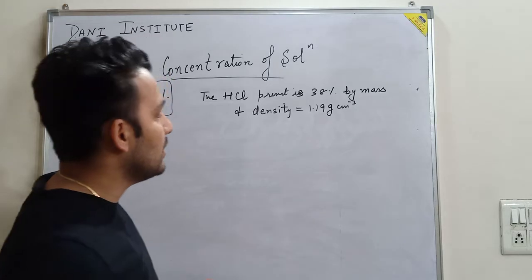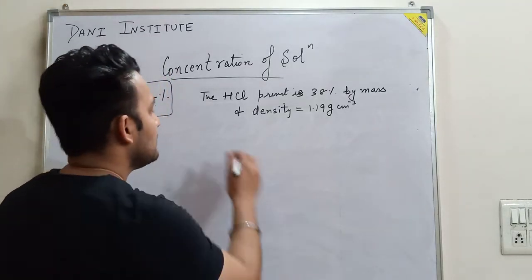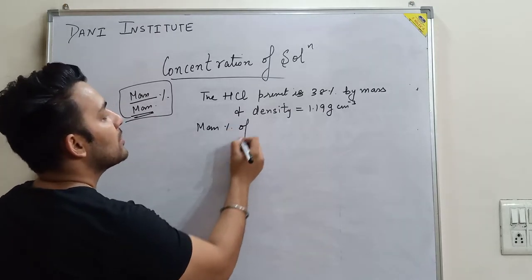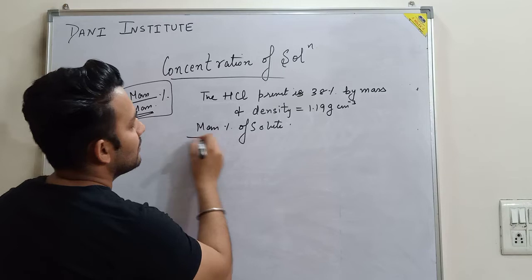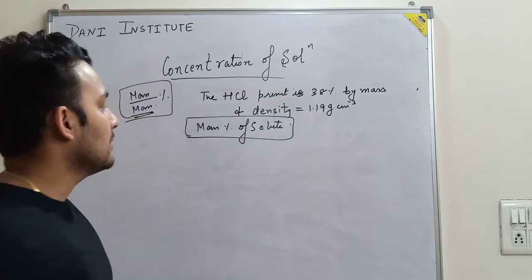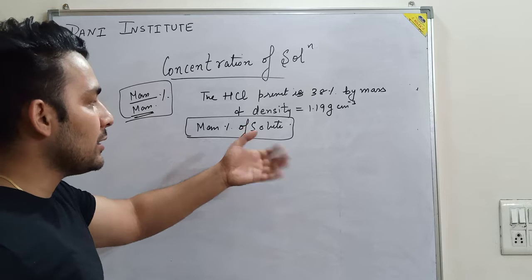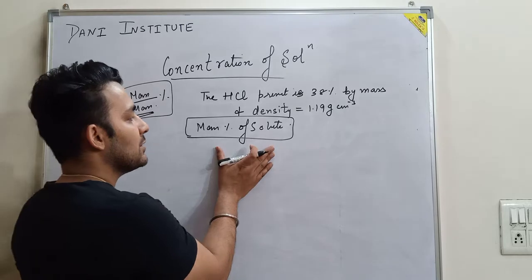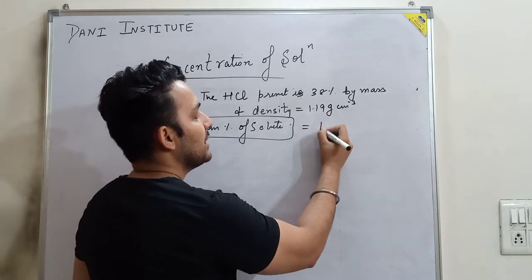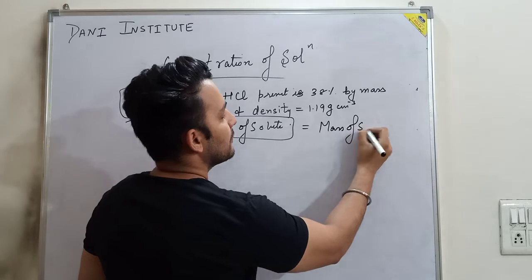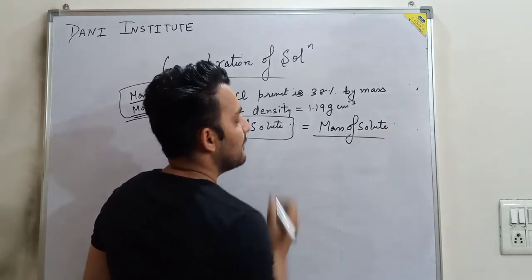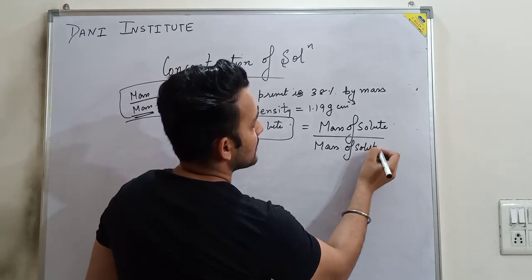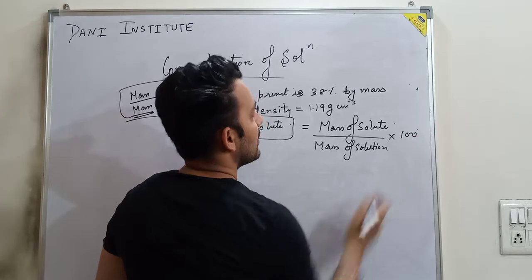So from this numerical you have to find the mass percent. That is mass percent of what? Solute. Mass percent of solute you have to calculate. Just use your brain, how will you find the mass percent of solute? Firstly remember the formula please. Mass of solute divided by mass of solution into 100.